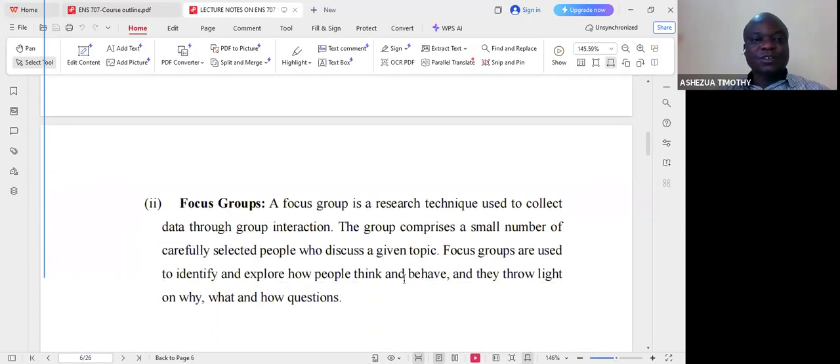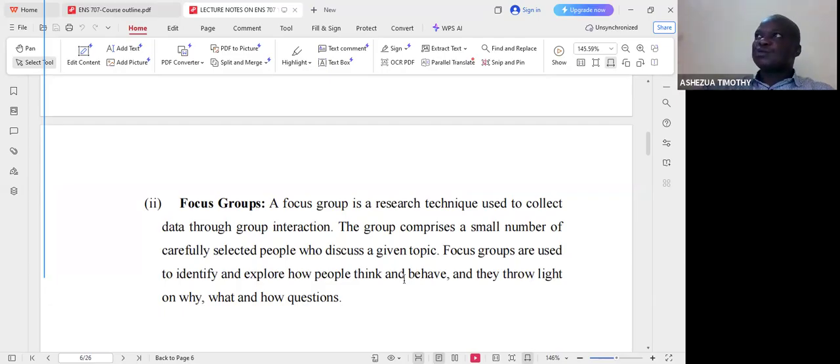Next, we have focus group. A focus group is a research technique used to collect data through interaction. The group comprises a small number of carefully selected people who discuss a given topic. Focus groups are used to identify and explore how people think and behave and to throw light on how, why, and what questions. So this focus group interview is different from the one-on-one interview.